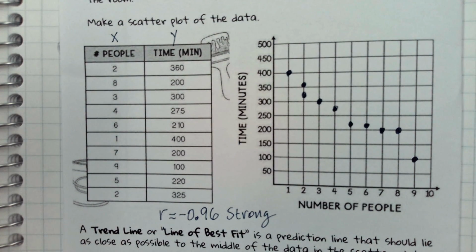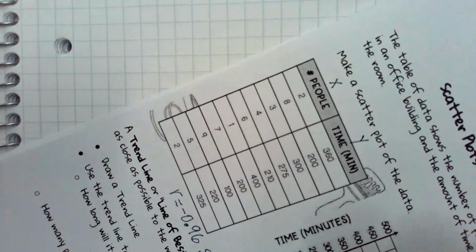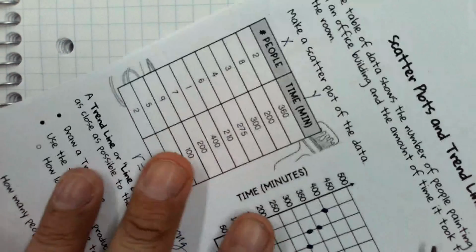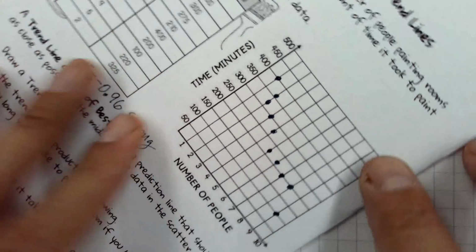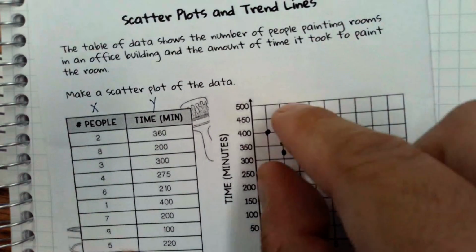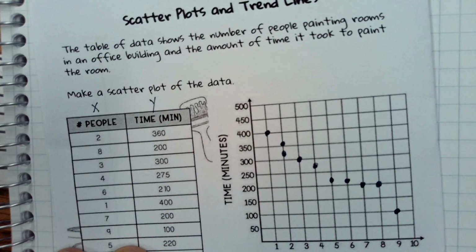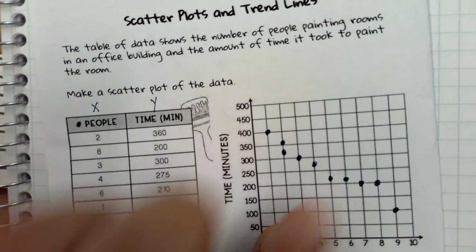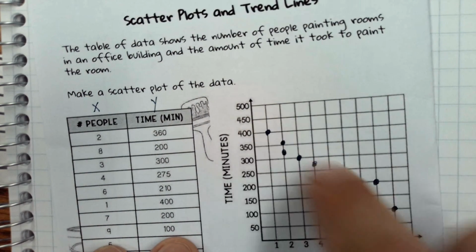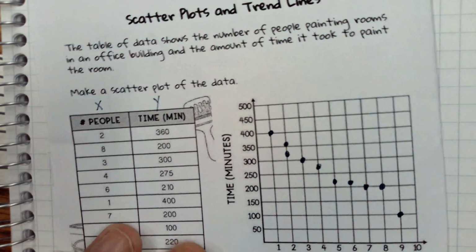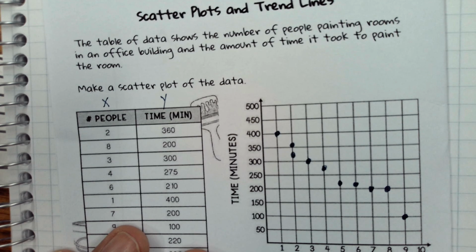First of all, you check and see if there are any outliers. I don't see any oddball points, way down here when the rest of them are here, or way up here when the rest of them are down there. So we don't have any outlier points, because we would ignore those.